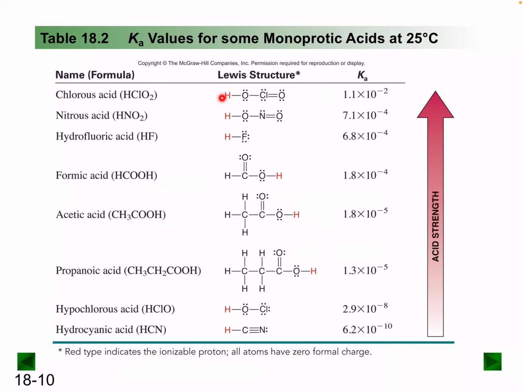Now this is chlorous acid, HClO2. This is just one hydrogen. This is the Lewis structure, and the Ka given to us is 1.1 times 10 to the negative 2. And then nitrous acid, HONO, 7.1 times 10 to the negative 4. And hydrofluoric acid, HF, formic acid, where the hydrogen that is connected to the oxygen is what is responsible for the acidity, not this hydrogen.